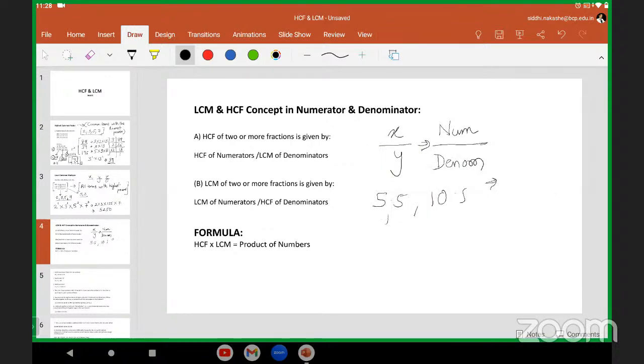So 5.5 is 55 by 10, if we take out the point, the 10 will go below. If we divide by 5, it is nothing but 11 by 2, right? So 11 here is your numerator. Everybody knows what a numerator and denominator are.